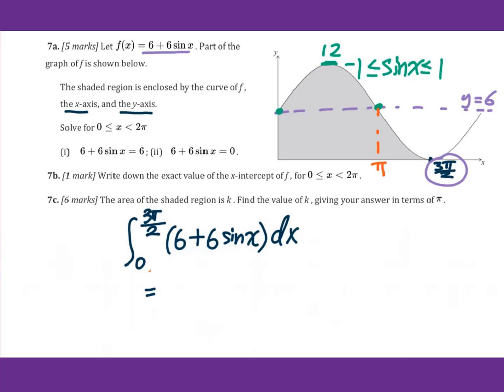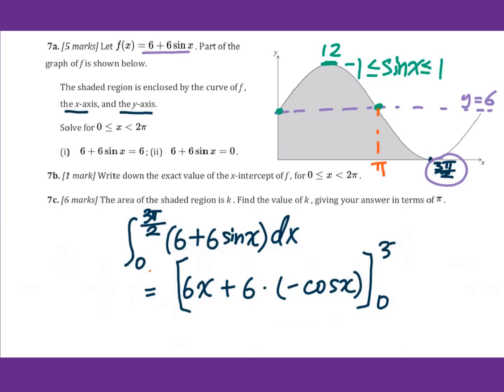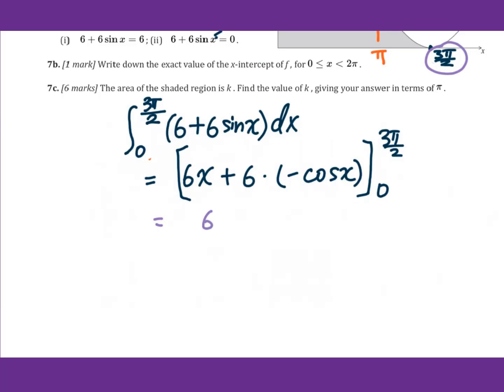We know the integral of 6 will be 6x, plus 6 times the integral of sine x, which will be negative cosine x. We will do from 0 to 3 pi over 2. Let's organize: 6x minus 6 cosine x, from 0 to 3 pi over 2.